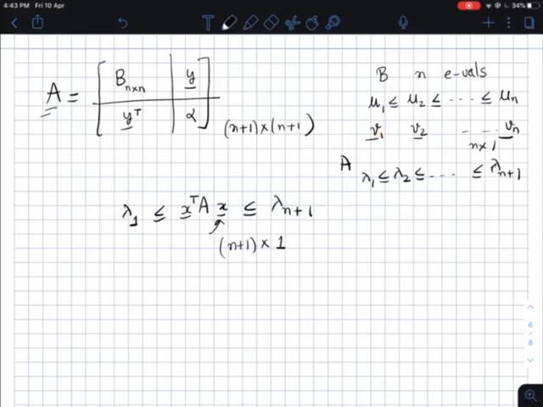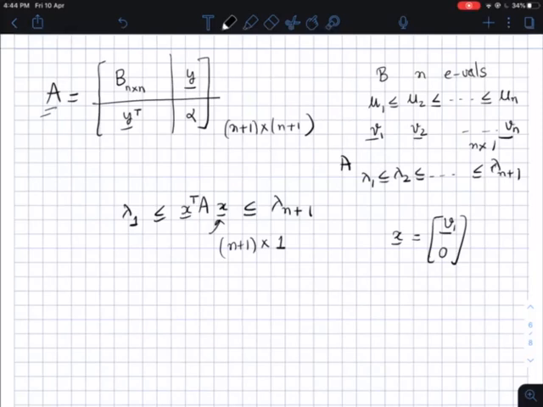So let me just pick x to be, let us say for now, v1, because v1 is only n length, but I want x to be n plus 1 length, so I'll just do the most natural thing. I'll just pad it with a 0. Okay, so pad it with a 0. So x is an n plus 1 length vector, v1 is an n length vector, and you just pad it with a 0 to get x.